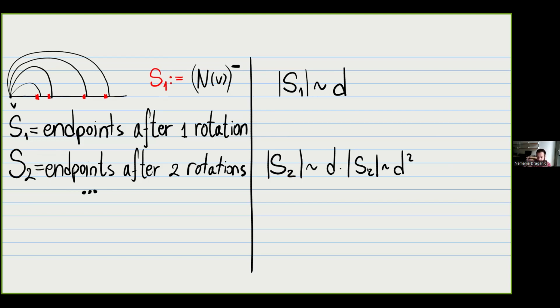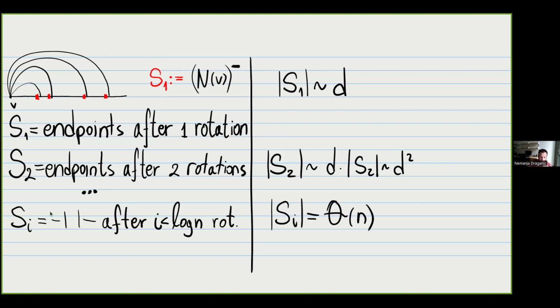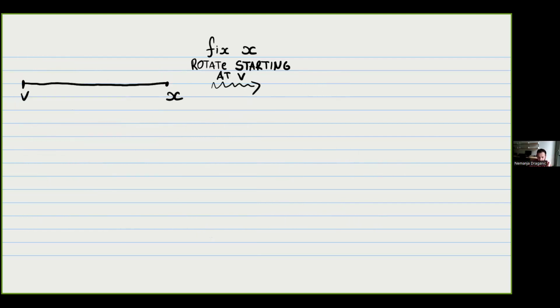And you see now you can use this expansion property until you reach some set Si of vertices, which are the endpoints after i rotations, and this Si will be of linear size. So you only need log n many steps until you reach linearly many vertices which are endpoints of some longest path. Okay, so now let's exploit this. Fix some longest path where the endpoints are v and x, fix this x and start rotating from v.